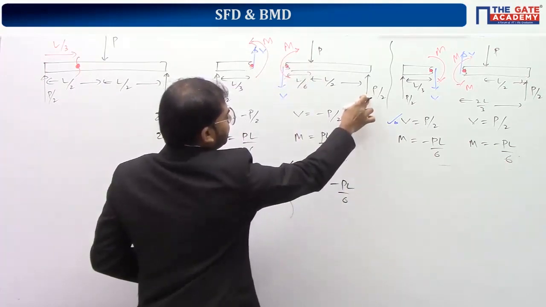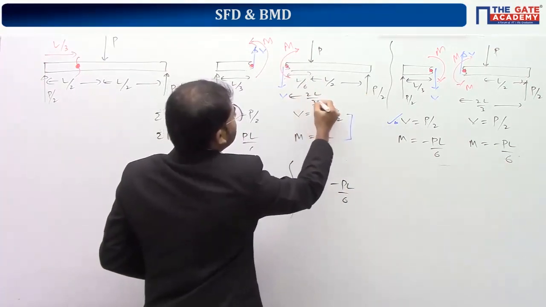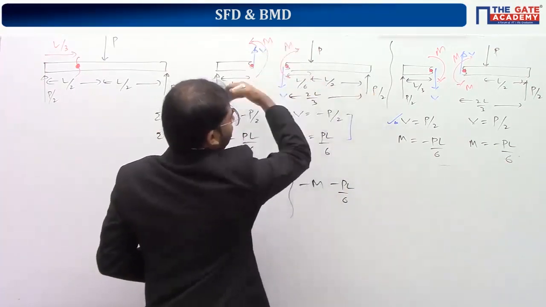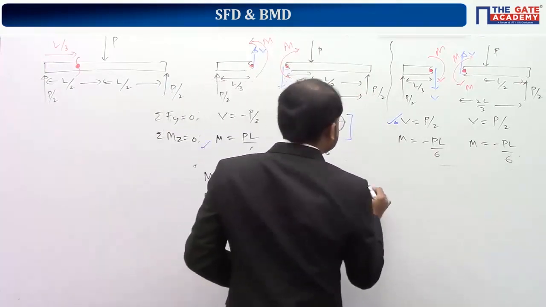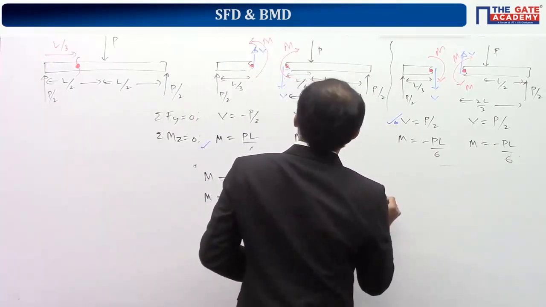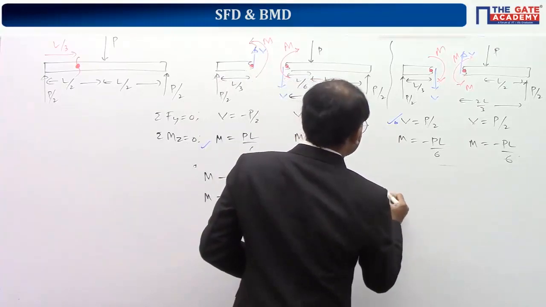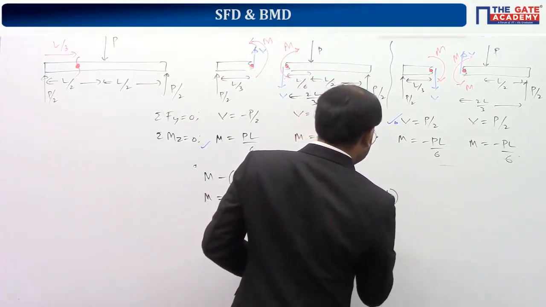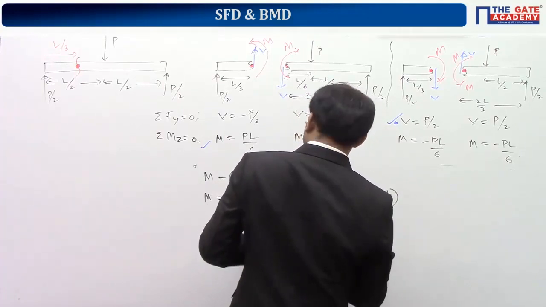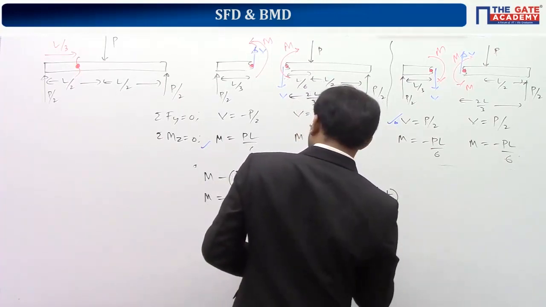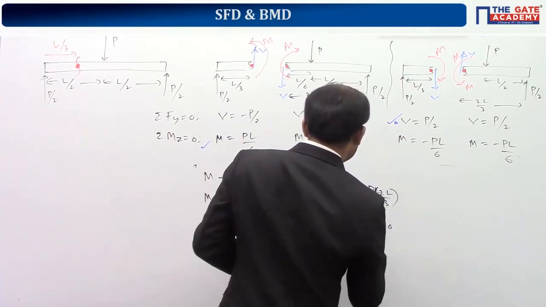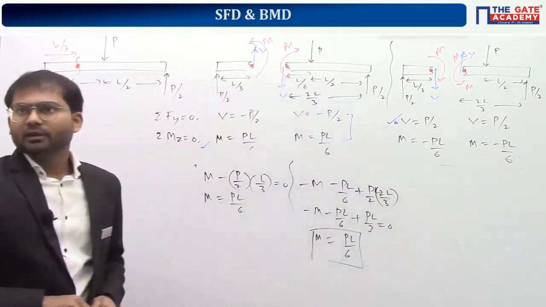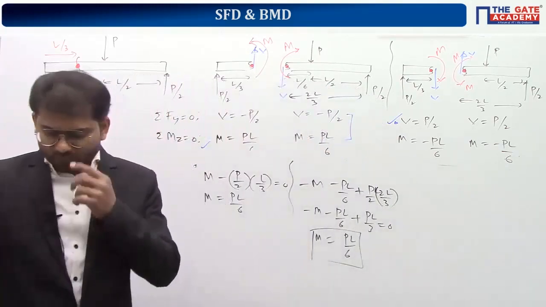And P by 2 is acting at a distance of 2L by 3 in an anti-clockwise sense, so positive: plus P by 2 into 2L by 3. This gives minus M minus PL by 6 plus PL by 3 equal to 0. You will get the same value, M equal to PL by 6 again. Clear? Understood? This is how you do it.